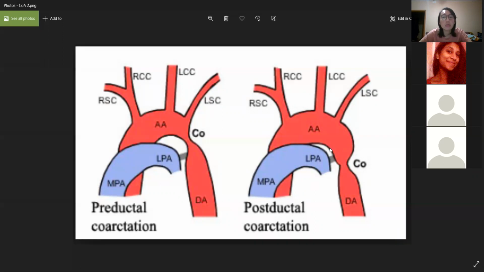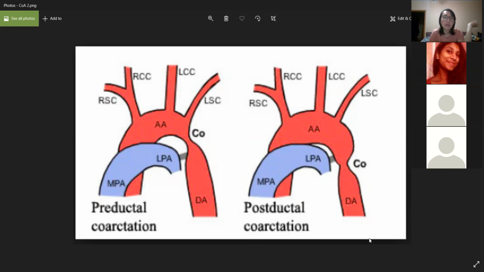It does not go through the patent ductus arteriosus anymore from the right ventricle, sorry. Because you know the patent ductus arteriosus is connected to your pulmonary artery, and your pulmonary artery is connected to your right ventricle. And when your right ventricle pumps out, it pumps through the pulmonary artery into the ductus arteriosus and into the aorta, right?